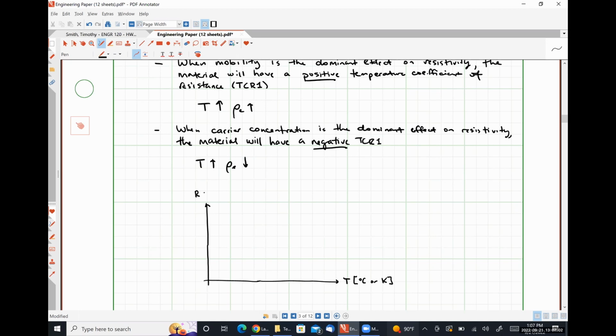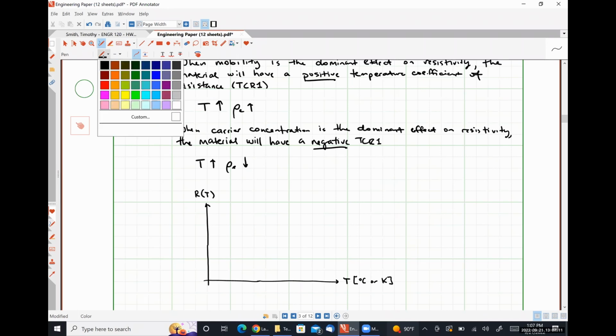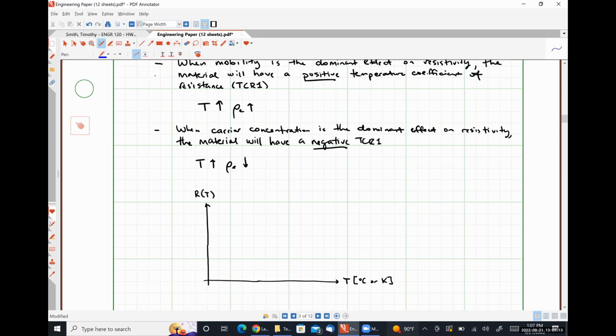Our y-axis is the resistance as a function of temperature. And what we get is a pretty simple linear relationship, something like this.